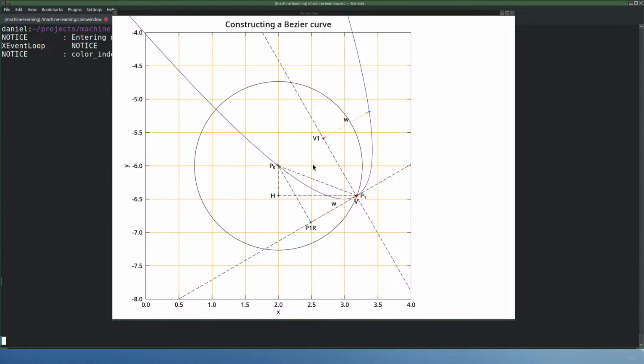So the vertical distance between these two is 1. So P0 now is on this line. And of course, this is still W. So it's just the symmetry side of that one. You go just from the one up and then W to that side and you end up on P0. And likewise, when P0 is in the vertex, then P1 is there. That's the starting point. So we started again.